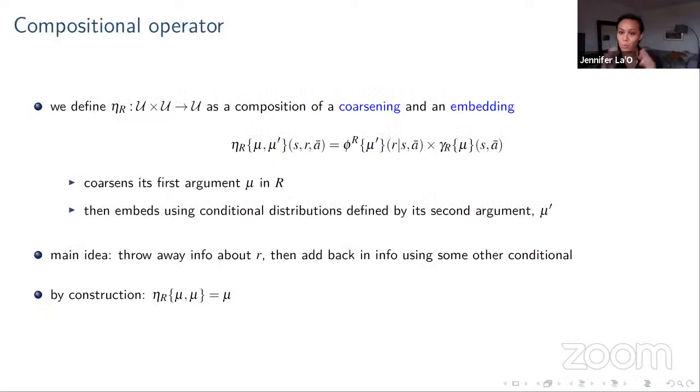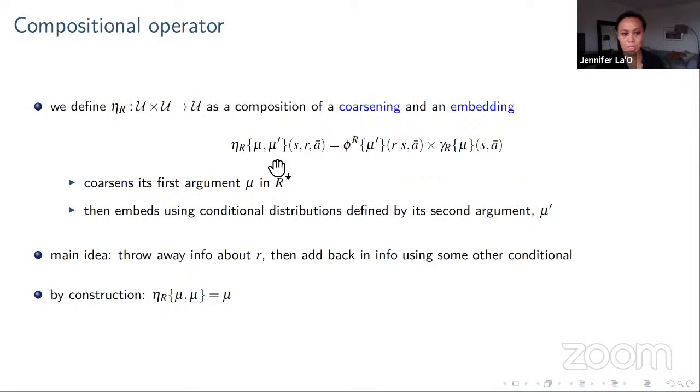Now what we want is not to get the original distribution back, but a new distribution. So we take a composition in which I take away information about R, but then add it back using a new conditional distribution. We do this using a composition of a coarsening and an embedding.